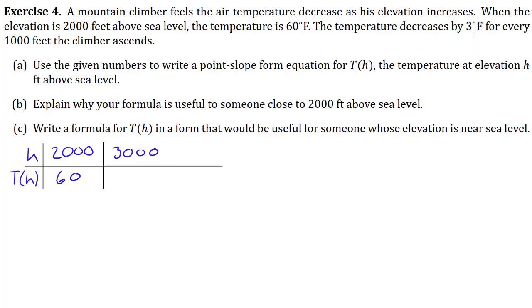So it went from 60 degrees to 57 degrees Fahrenheit. And if they go up another 1,000 feet to 4,000 feet, then the temperature decreases 3 degrees more to 54 degrees Fahrenheit.